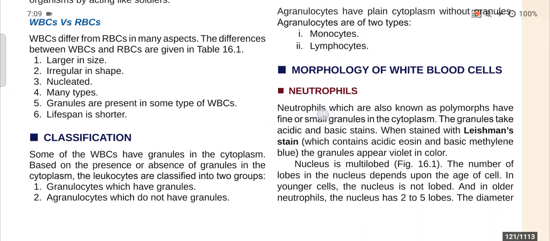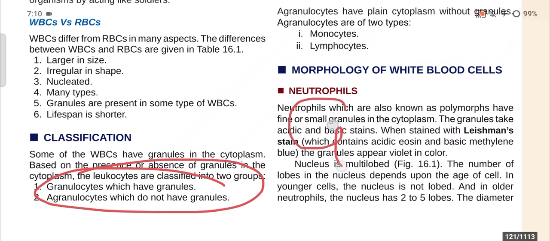Now start with the classification. Some of the WBC have granules in the cytoplasm. Based on the presence or absence of the granules in the cytoplasm, the leukocytes are classified into two types. One is granulocyte, one is agranulocyte. Granulocyte means it has granules, and agranulocyte means it has no granules.